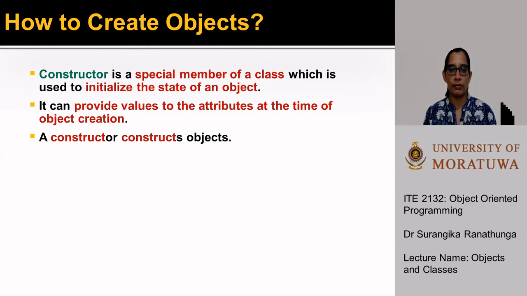Look at the word constructor: a constructor constructs objects. That means a constructor creates or initializes objects. When we are creating the objects, if we want, we can assign values to the attributes of that object.